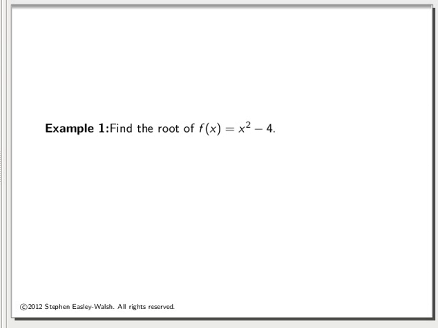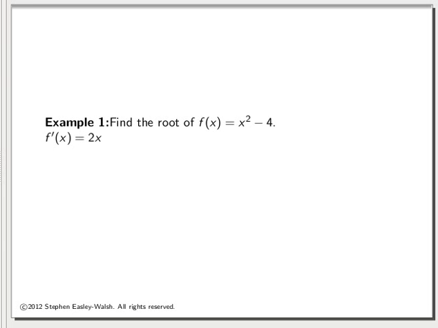Okay? So, firstly, we have to find the formula. So what do we need to know for the formula? We need to know what the function is, and we need to know what else? The derivative. Okay. So the derivative here, derivative of f(x) equals 2x. So nice and straightforward. And now I can use the formula.